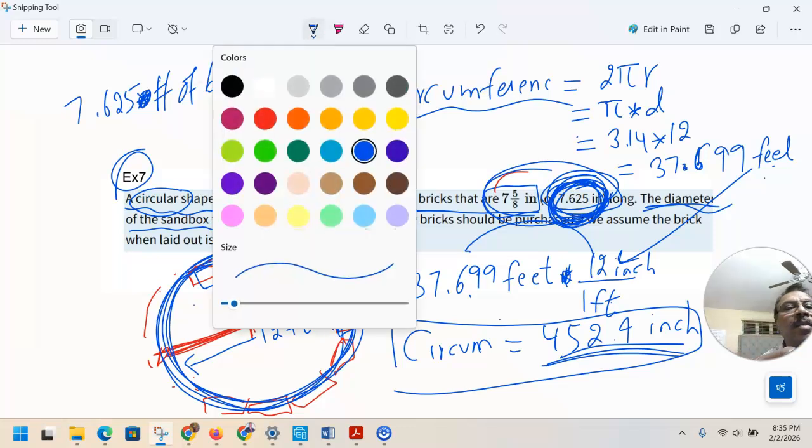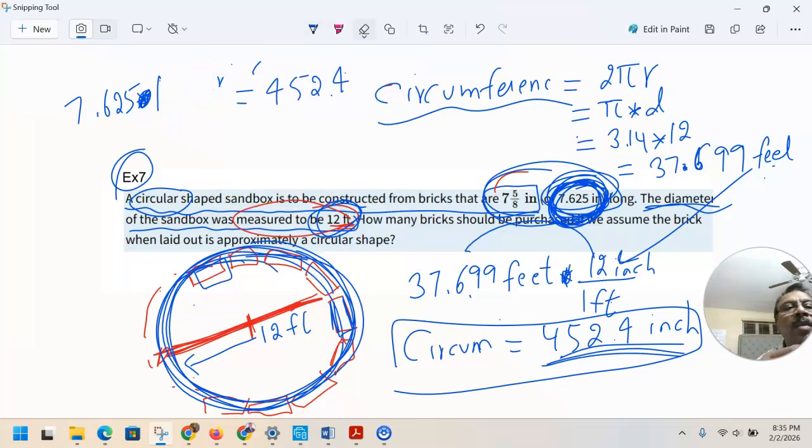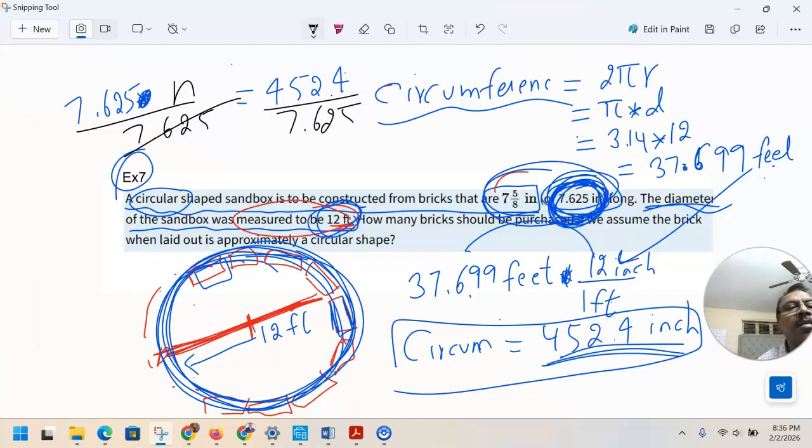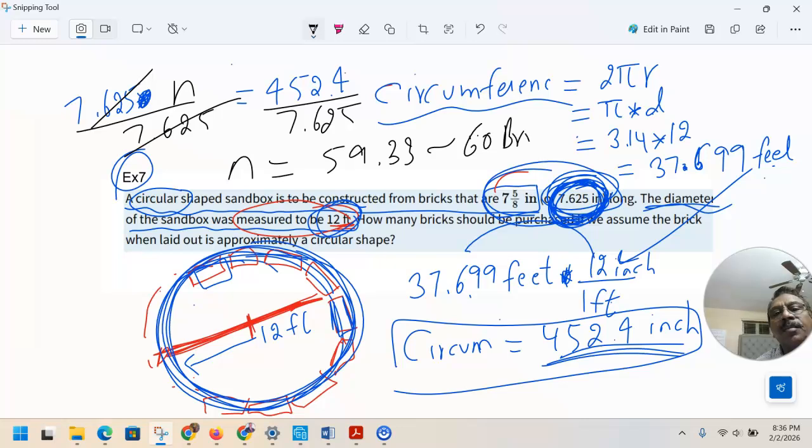The number of bricks, which we can call n, times 7.625 equals 452.4. All you do is divide by 7.625, and n is 59.33, which we round to 60 bricks. So you need 60 bricks to put around the whole circle.